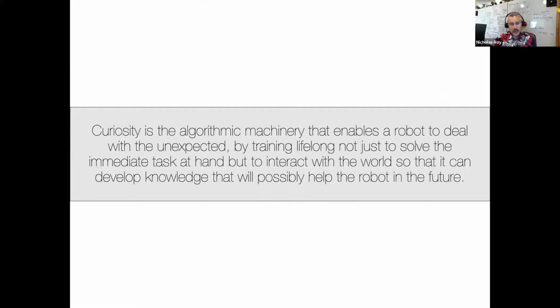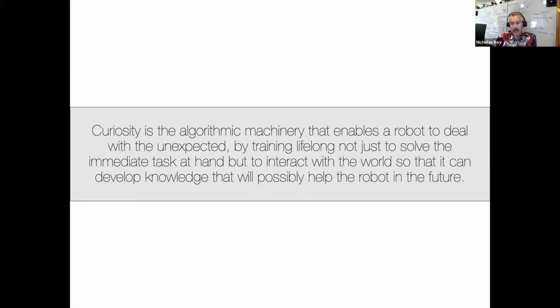So why do we do this? Why be curious in the first place? An essential hypothesis of a lot of the work that we and others are doing is that curiosity is really algorithmic machinery that allows us to deal with the unexpected in the future by having a model of things that we don't necessarily need right now. We don't need models of what happens when we climb on countertops.